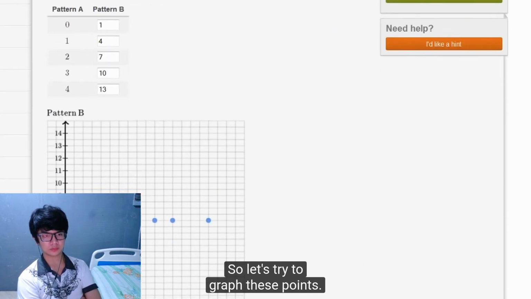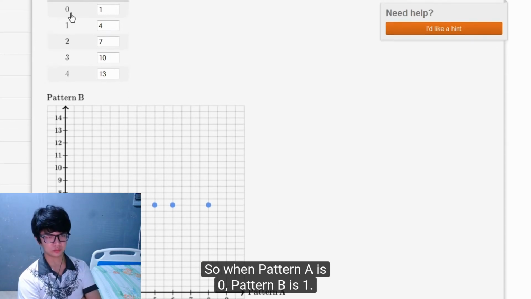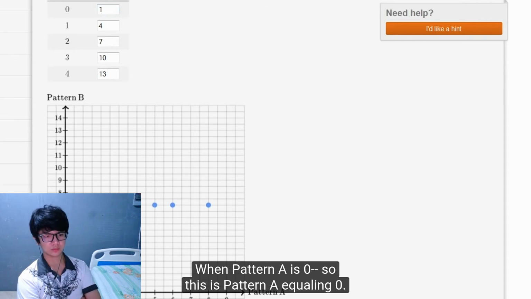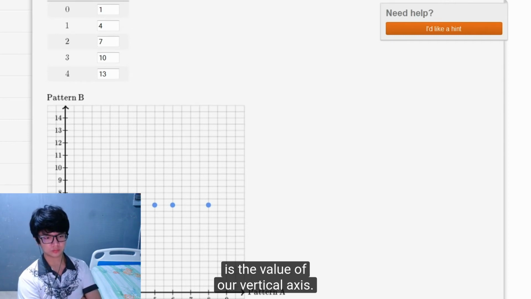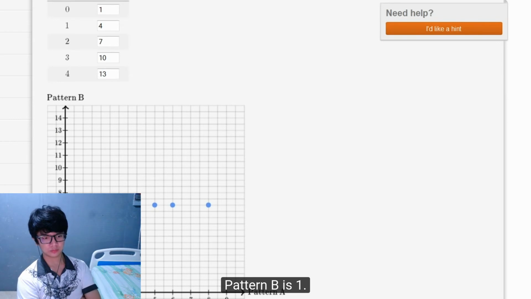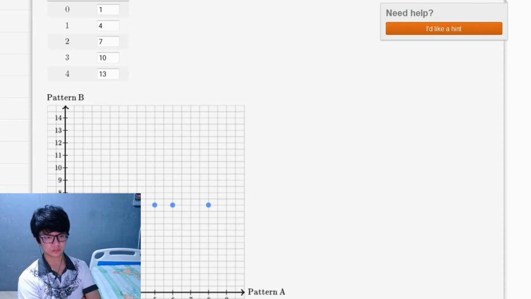So let's try to graph these points. So when pattern A is 0, pattern B is 1. When pattern A is 0, that's our horizontal axis, the value of pattern A. Pattern B is the value of our vertical axis. Pattern B is 1. When pattern A is 1, pattern B is 4. So it's 1, 4.